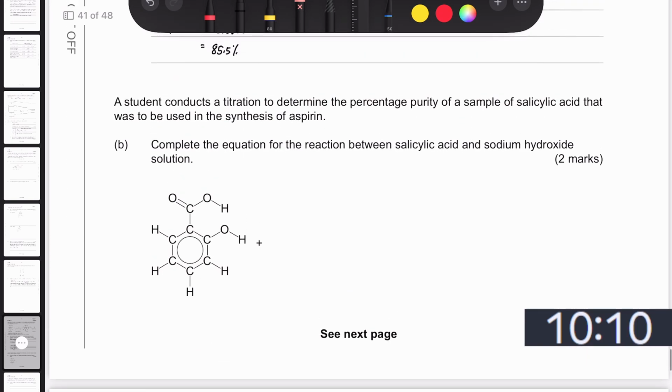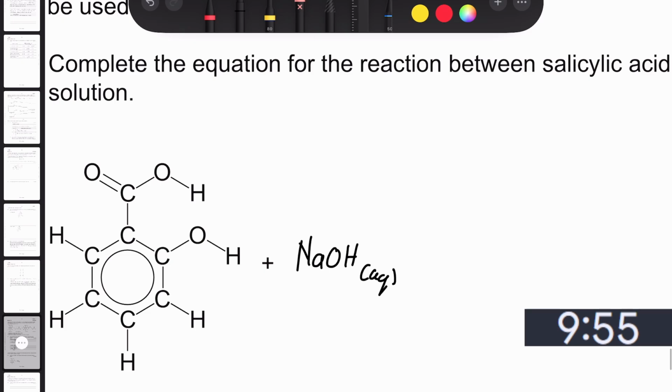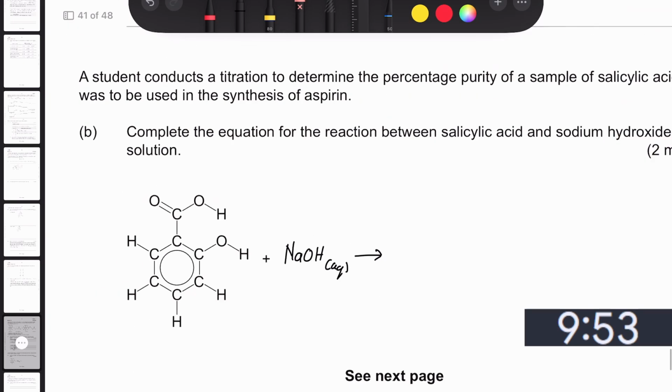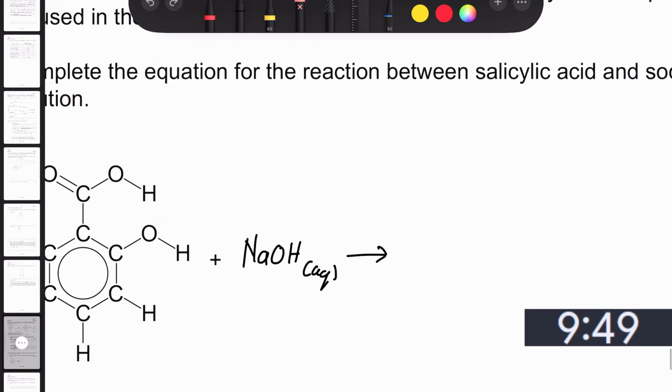The student conducts a titration to determine the percentage purity of a sample of salicylic acid that was used in the synthesis of aspirin. Complete the equation between aspirin and sodium hydroxide solution. So NaOH aqueous is going to become, and this hydrogen is going to disappear.